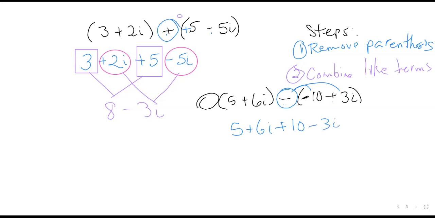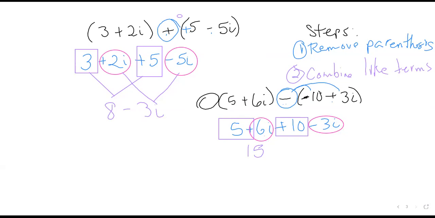And then once again, step 2, combine my like terms. So I have a 5 and I have 10, and I have this 6 and negative 3. So 5 plus 10 is 15.